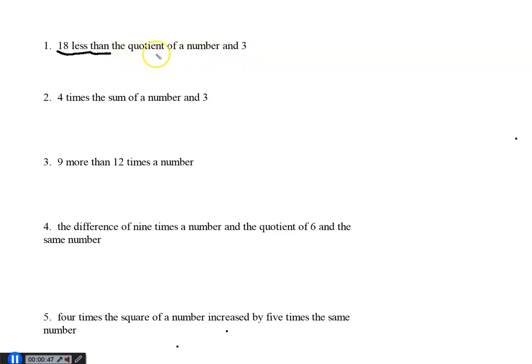So let's first do the quotient of a number and 3. You can use any variable you want, so I'm just going to let n be my number. Quotient stands for division. So there's the quotient of a number and 3. And then the way I show 18 less than that is just to subtract 18 from that. And so that would be my answer for number 1.